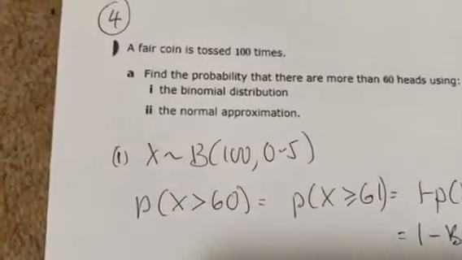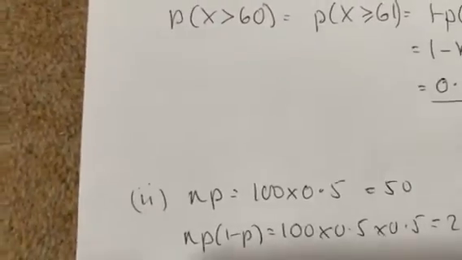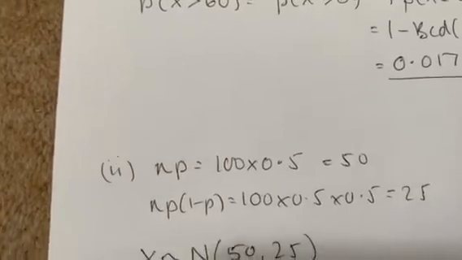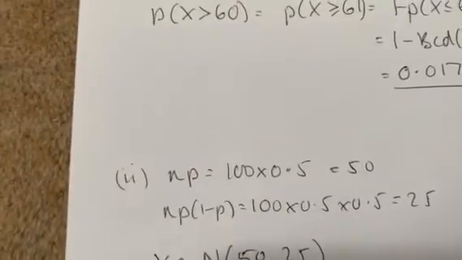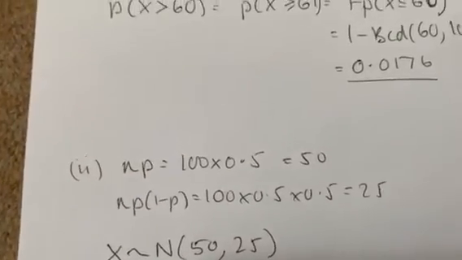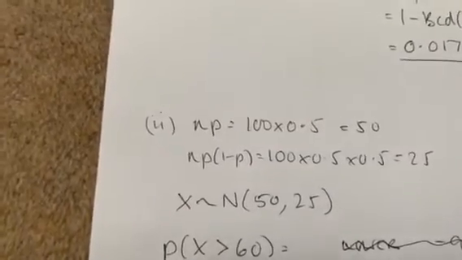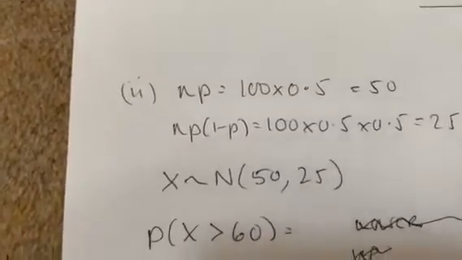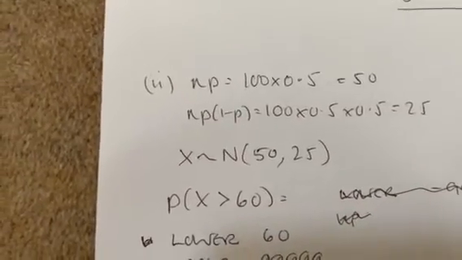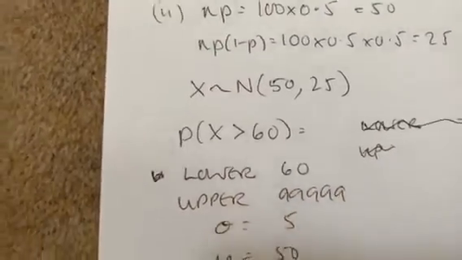Part 2, you're going to do exactly the same question using the normal approximation. You know that the mean is n times p, which is 50, and the variance is n times p times q, or n times p times 1 minus p, which is going to be 25. So you've got a normal distribution where the mean is 50 and the variance is 25. The probability of being greater than 60.